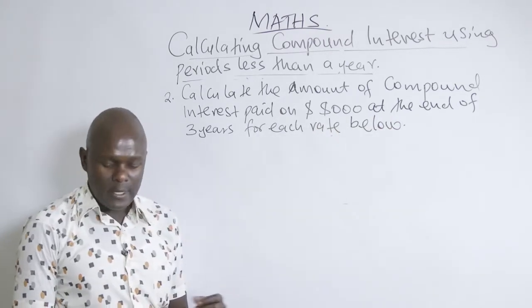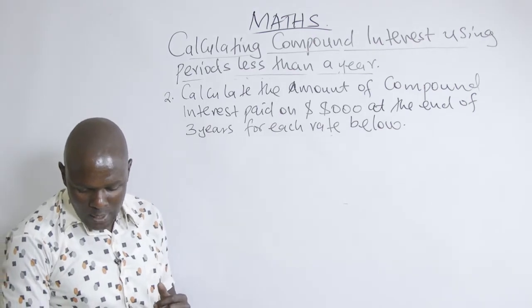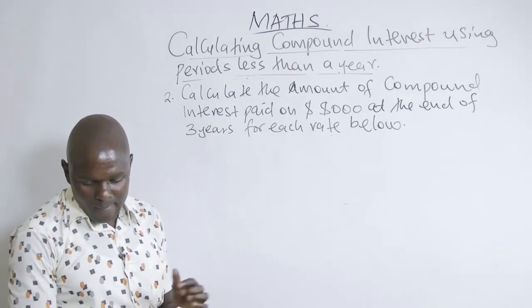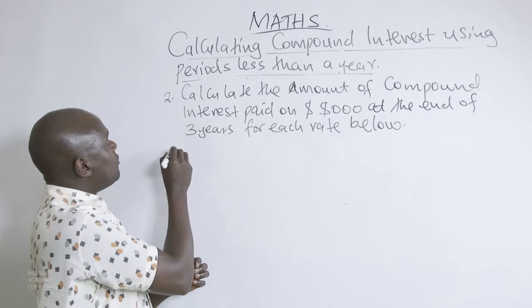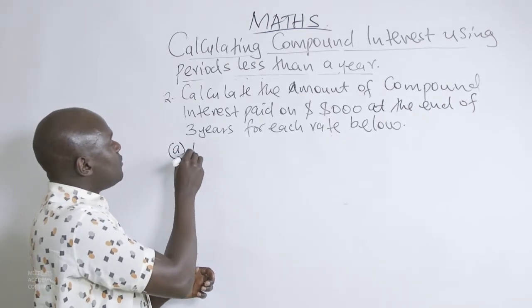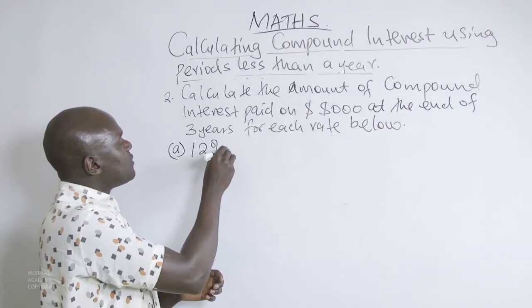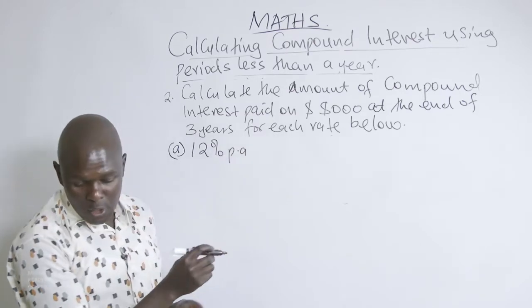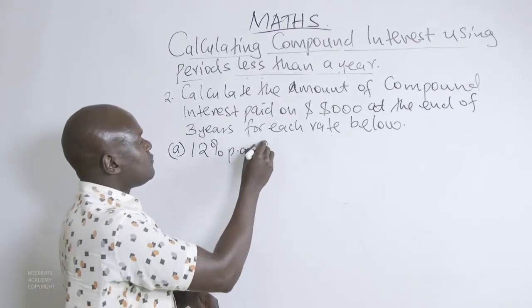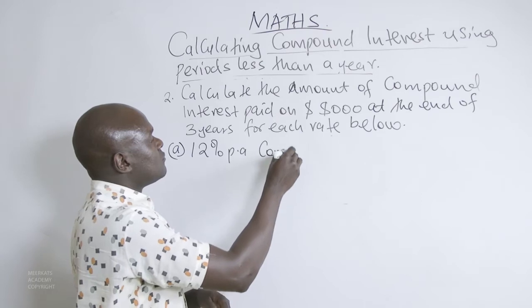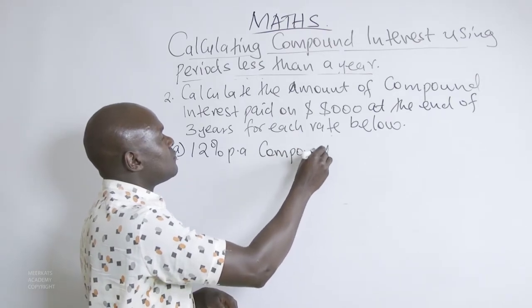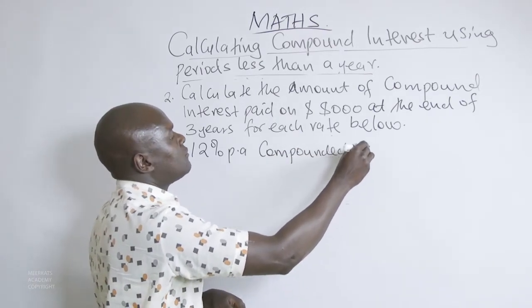So we are going to apply several rates. And the first one, A, at the rate of 12% per year, compounded annually.